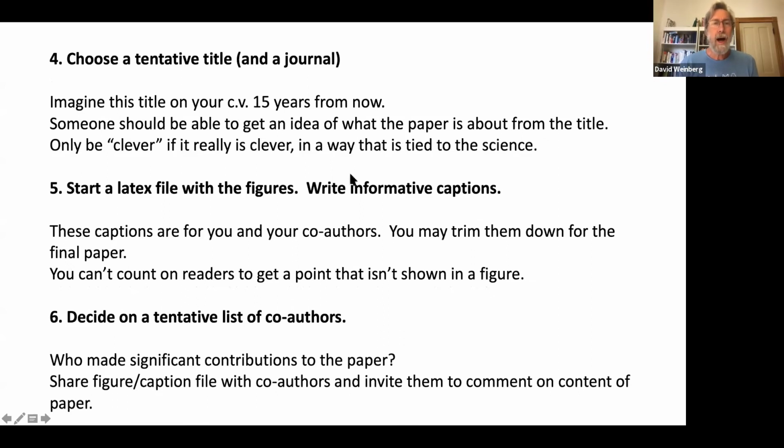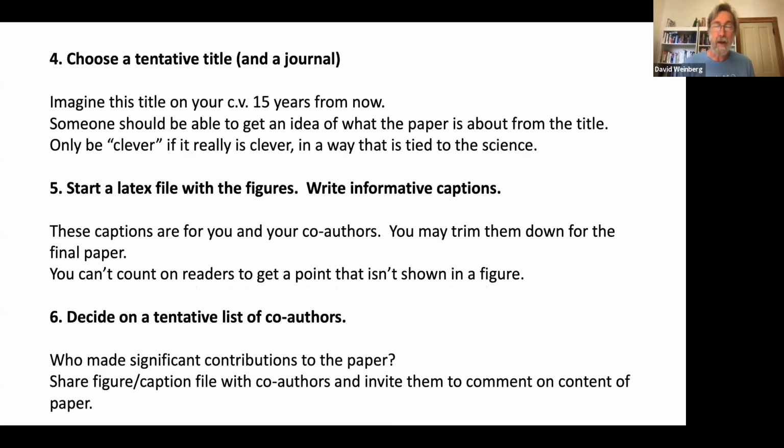And so you may then think, okay, I need a figure to demonstrate that point. Okay, so at this stage, I think it's good to choose a title, and I say it's a tentative title because sometimes by the end of writing your paper, you'll realize it's not the one you started out writing, and that the title should change.